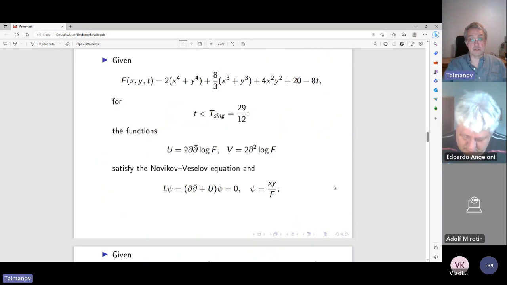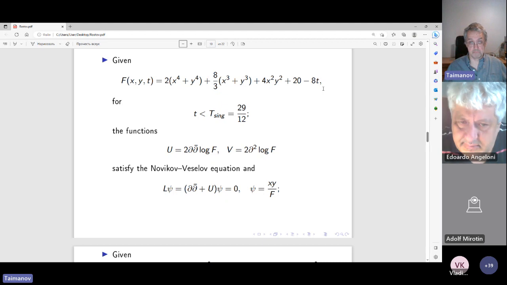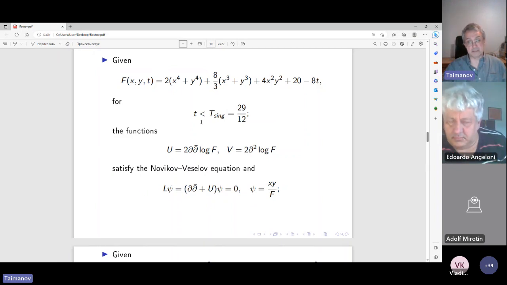That's for Novikov-Veselov. It's very easy. I assume it's not very easy, but the explanation now looks very easy. I assume we have this function f. For t equals 0, it's positive. Then we start to increase t, until t is less than the terminal time, the singular time.